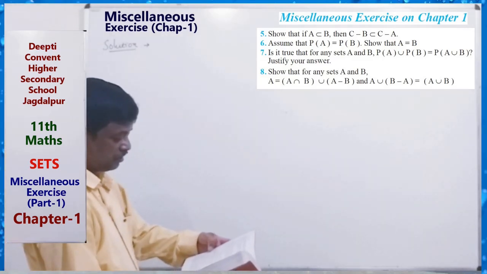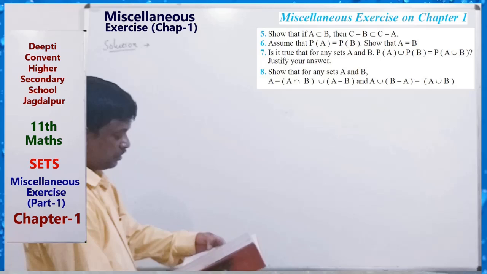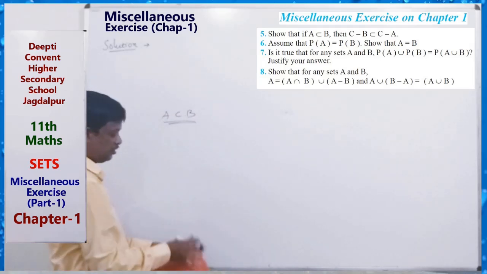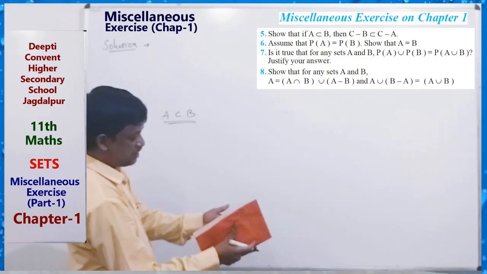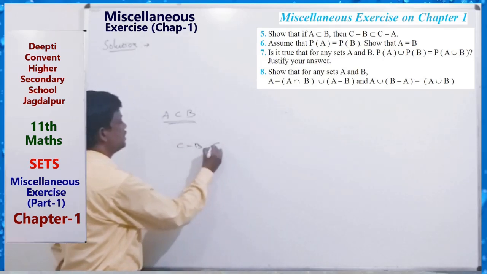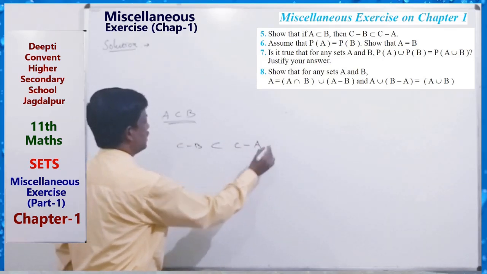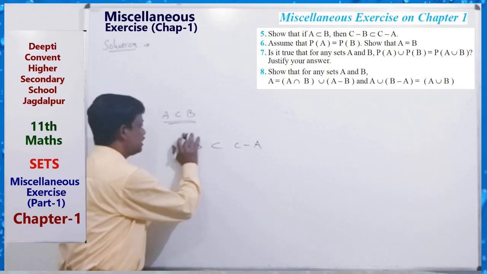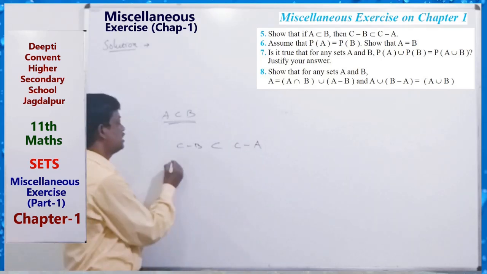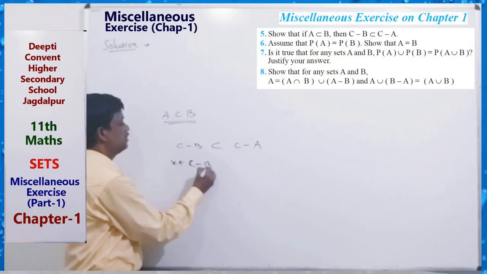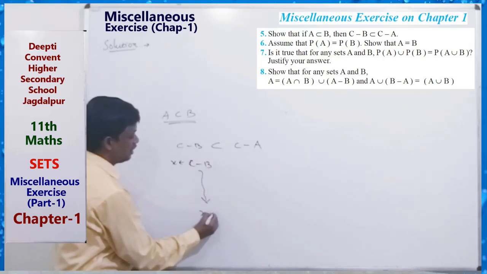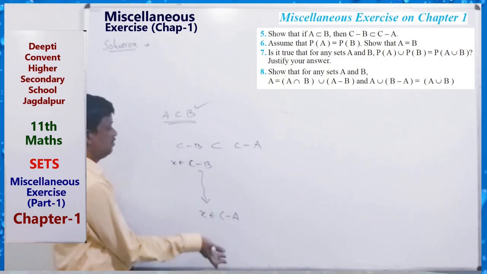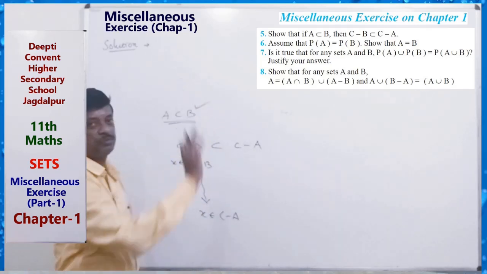This is our given relation and we have to prove C minus B is a subset of C minus A. So let x belong to C minus B, and then you have to prove x also belongs to C minus A using this. Then you can prove this subset of this.